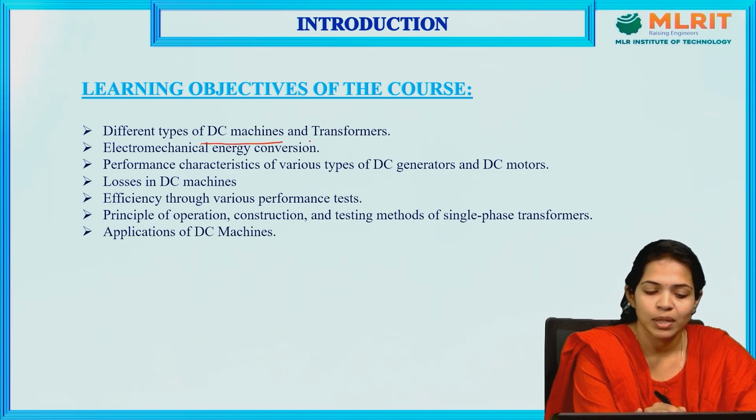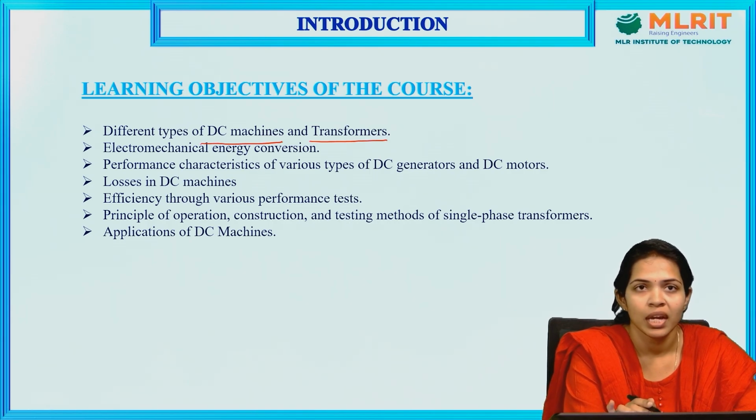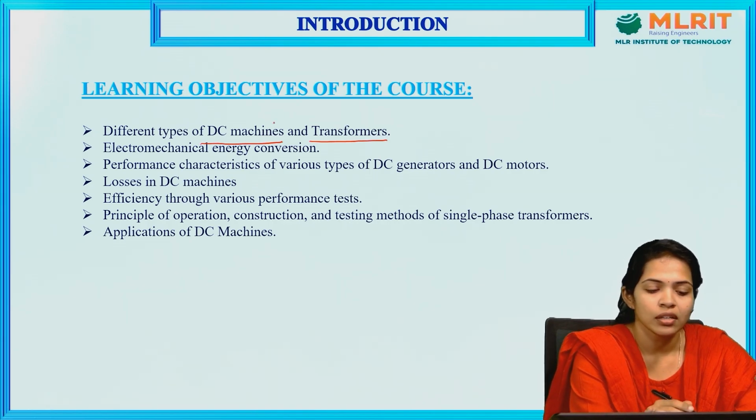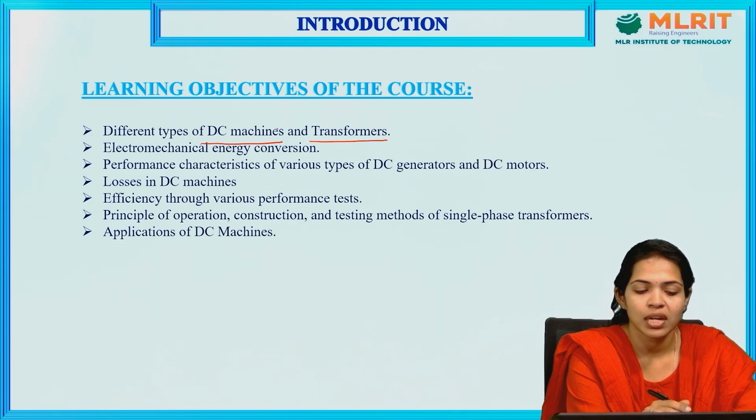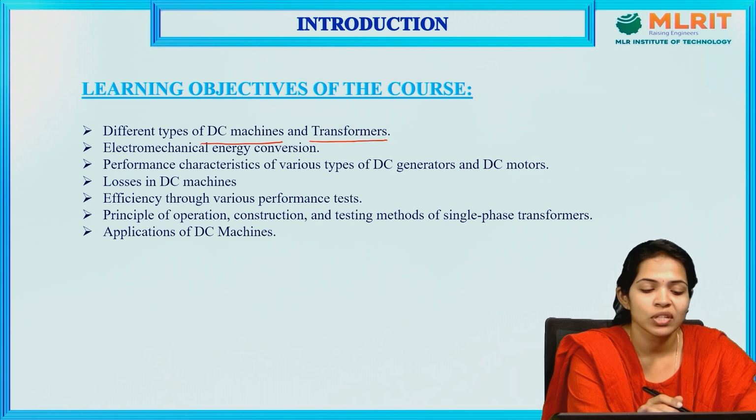What are the different types of DC machines? And also we will be studying what transformers are in detail. Types of DC machines are basically categorized into DC motors and DC generators, under which we will be studying the working principle, their construction, efficiency calculation, what the losses are, and the respective performance characteristics of the various machines.